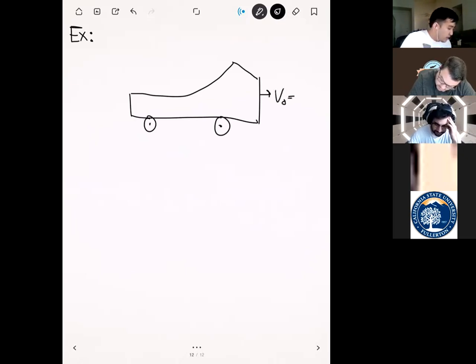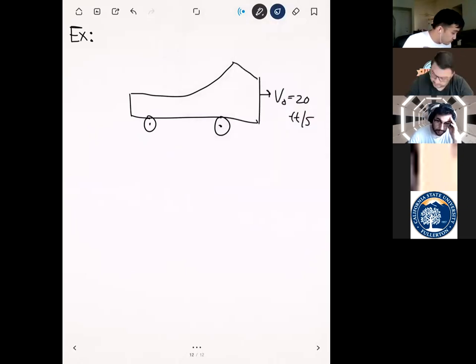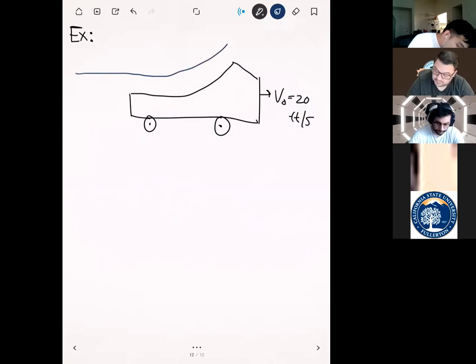And then because of the water that's striking it, we can say that our cart here is going to be moving forward with a velocity of 20 feet per second. It's really fast, actually. And so we have a stream of water that's hitting it. We know that V1 right here is going to be 100 feet per second.